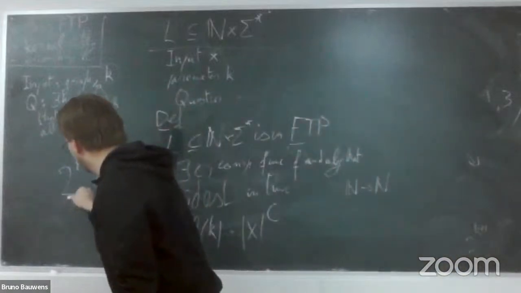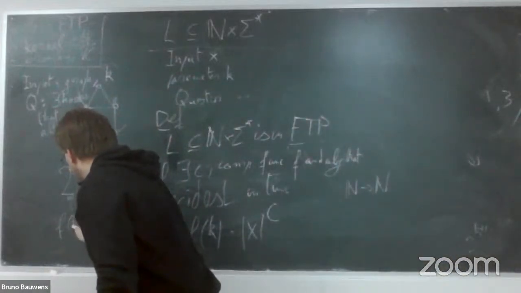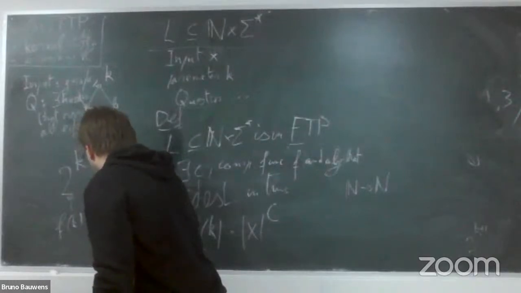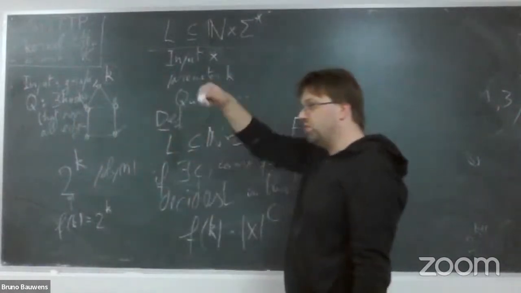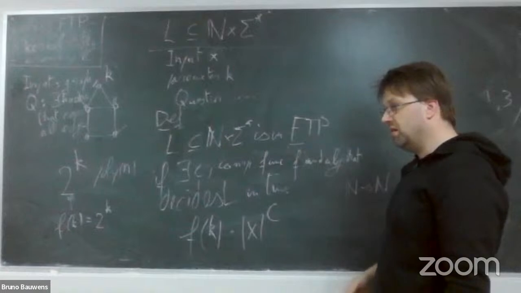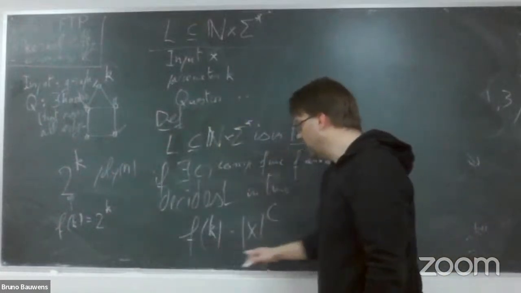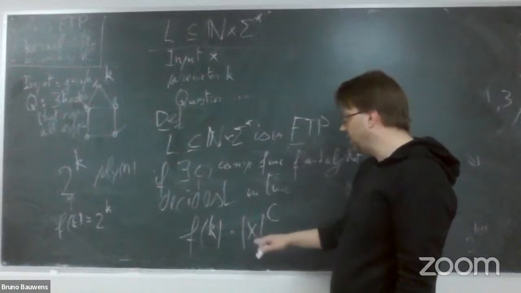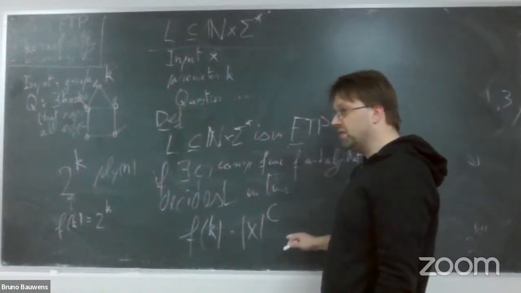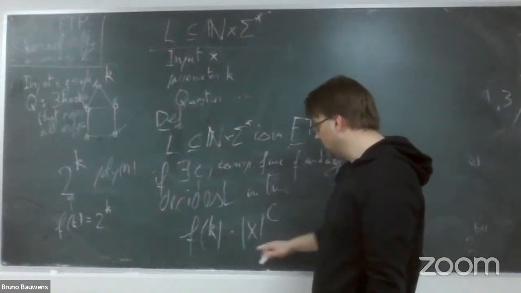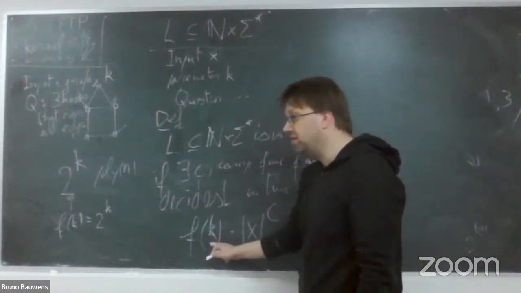So in this example, we have f of k equal to 2 to the power k. So if we believe k is not too big, then we have a polynomial time. For constant k, we have a polynomial, but it's a little bit stronger because the polynomial only depends on k in a linear way.